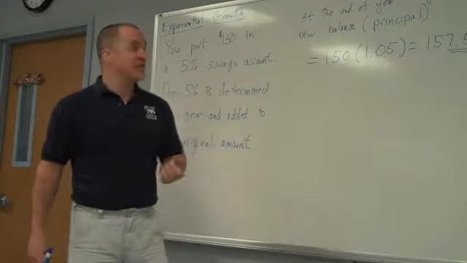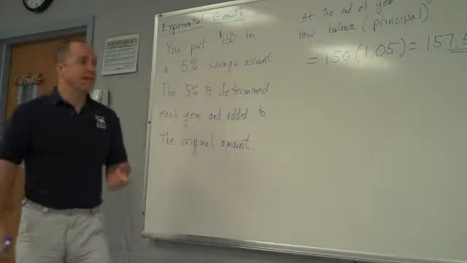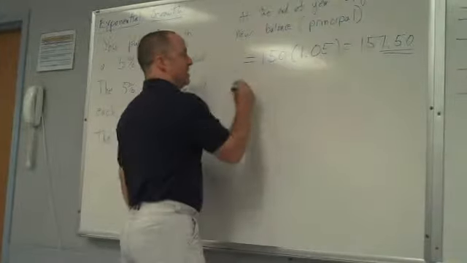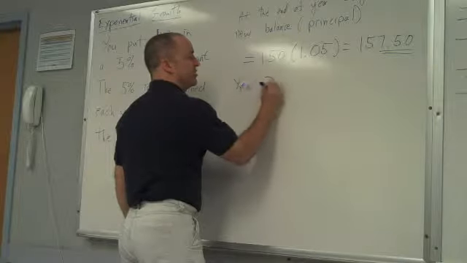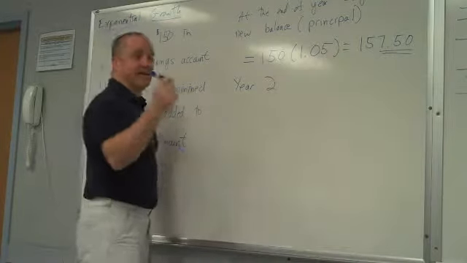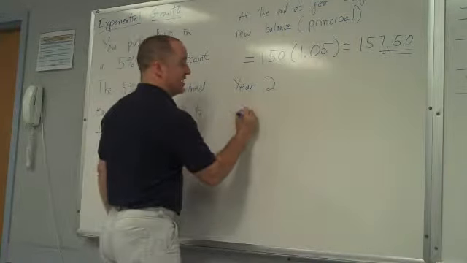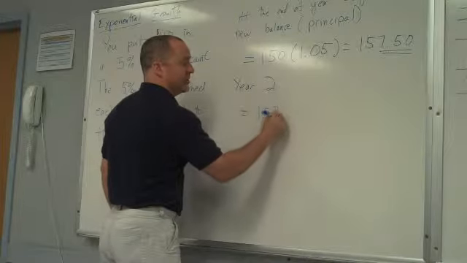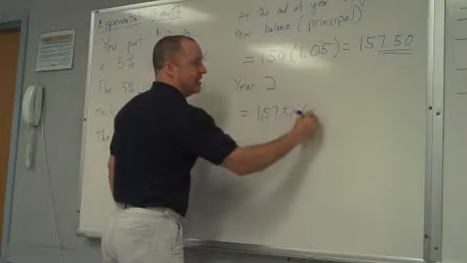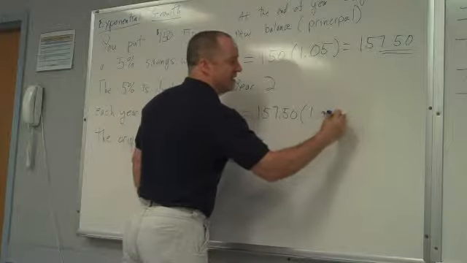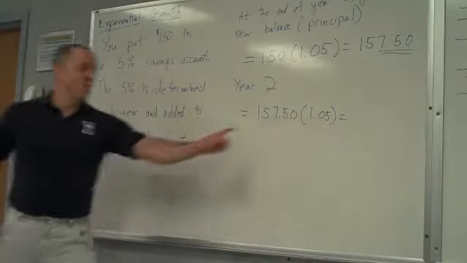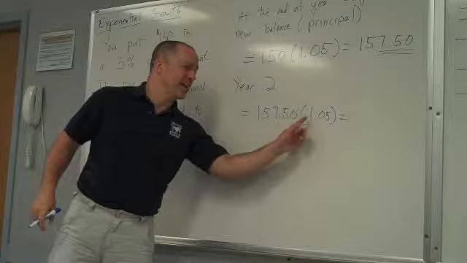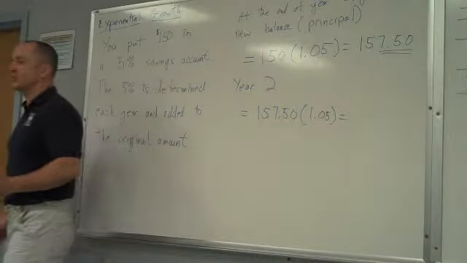Because what exponential growth can describe is when we take the new amount at the end of year two. Here's the improvement to this model. Your principal is going to be $107.50. We're going to multiply that times 1.05. The 1 gets me the principal amount again. The 0.05 is the 5% interest added.